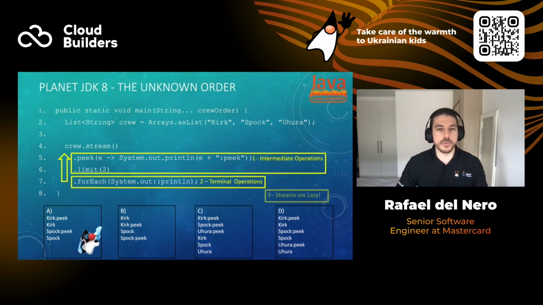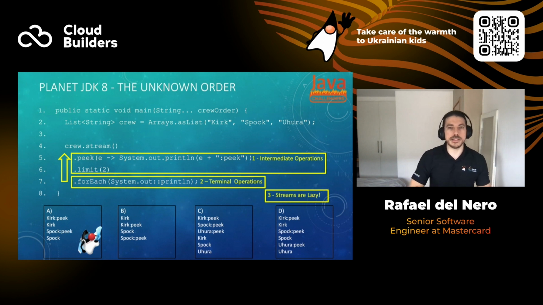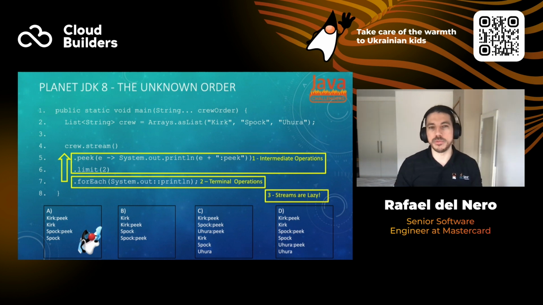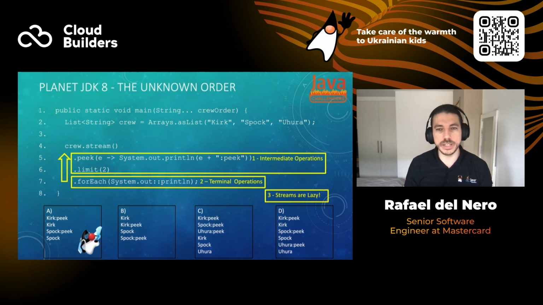So why is it A? You have to remember that streams are a functional programming concept, even though it's not fully implemented as functional programming in Java. It's still kind of. The definition of functional programming is that the functions must be pure, which means that if you pass a certain parameter to a function, you're always going to expect the same output.